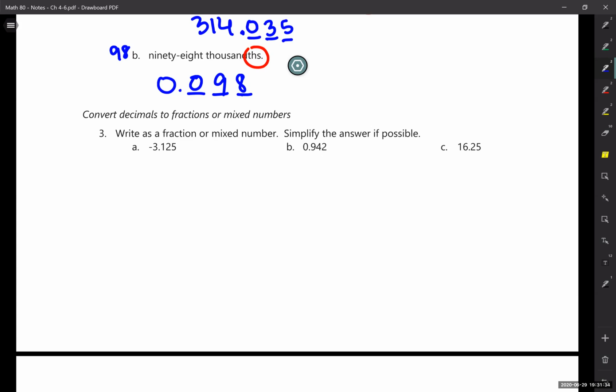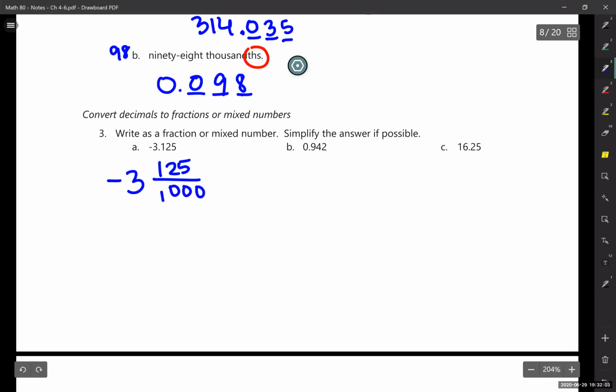and then we will worry about reducing. So if I was to say this number in words, I would say -3 and 125 thousandths. So I'm going to write that fraction that matches up with the words I just said. -3 and, so there's my fraction, 125 thousandths.